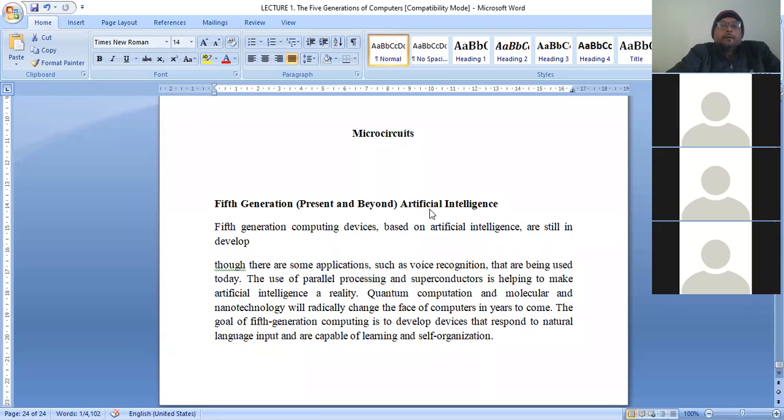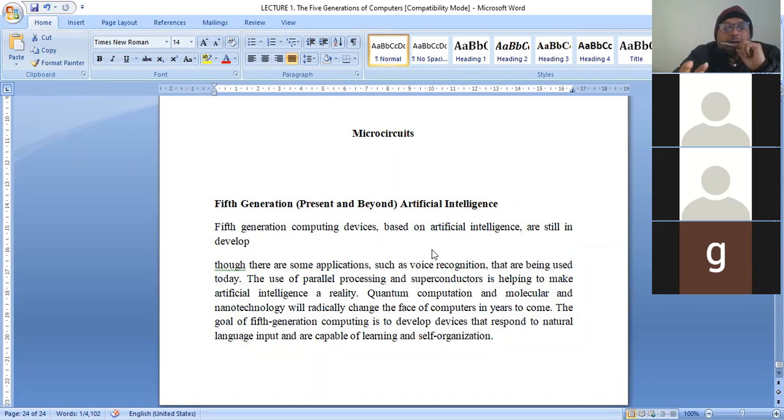Have you heard about Alexa? We can speak and it will understand. You can see already on Google we are using voice search. Hello, hello. Yes, sir. Voice recognition is already done on Google. We speak something and it is searched. So this is an example of the fifth generation of computer.